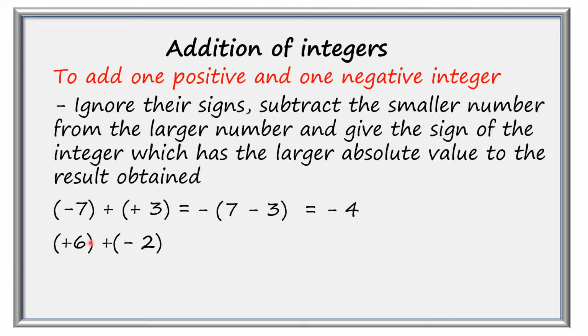The absolute value of plus 6 is 6 and the absolute value of minus 2 is 2. And which is greater? Yes, obviously the absolute value of plus 6. It means we will put the sign of plus here and your answer will be plus 4, and we can write plus 4 as 4 also. It is quite similar.